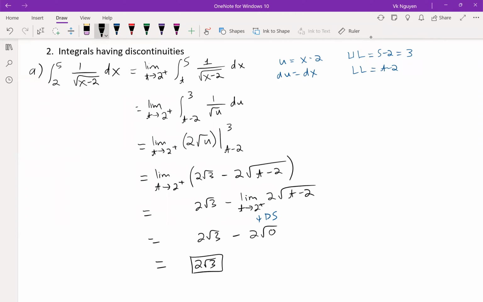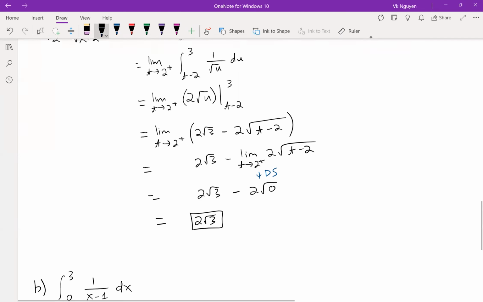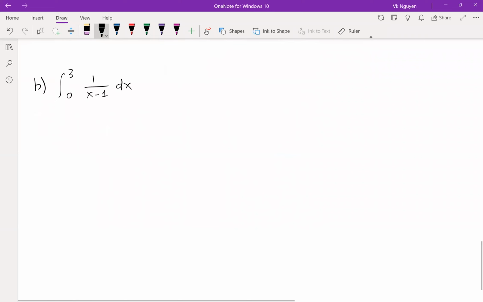Pretty cool. Let's do one more. Integral from 0 to 3 of 1 over x minus 1. The function is clearly not defined at x equal 1, so it is not continuous at x equal 1, meaning that we have to split this into 2 different integrals.